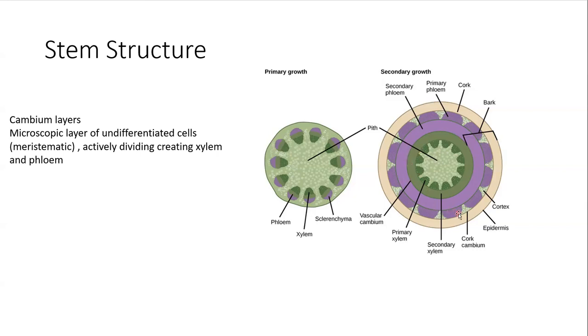Now, there's another cambium layer within a plant, and that's the cork cambium. Okay, that's the cork cambium. It's also a microscopic layer of undifferentiated cells actively dividing and creating, in this case, phloem cells to the inside of the plant and epidermal cells, or if we consider a tree, bark cells to the outside of the plant.